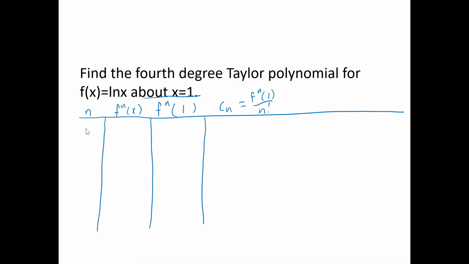So when n is 0, we always start at 0. You're just looking at the natural log function. And for the natural log function, you evaluate it at 1, you get 0. And so then your C naught, your constant term, is 0.